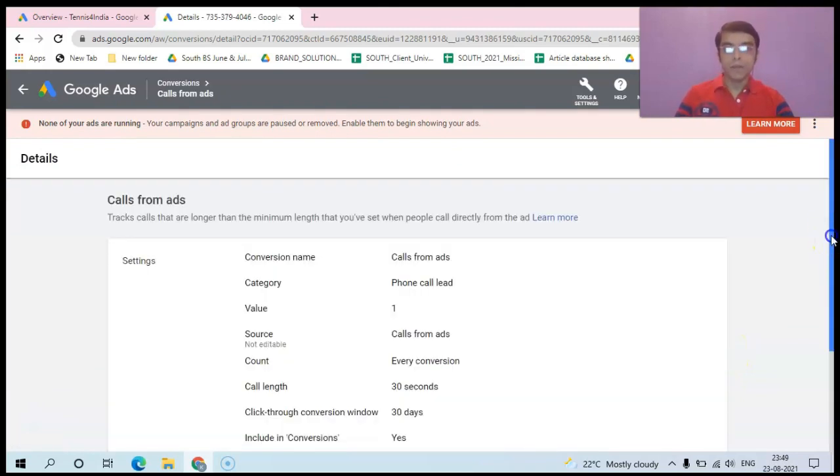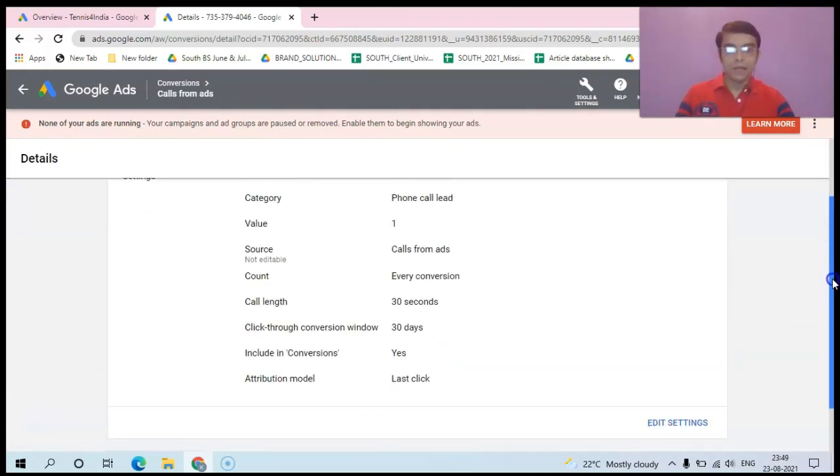Very importantly, call length. What I have told Google for this campaign is that only those calls which have been on the phone for at least 30 seconds will count as one conversion.